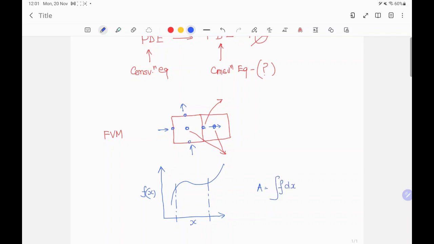Now how do you do it? You actually divide it like this.